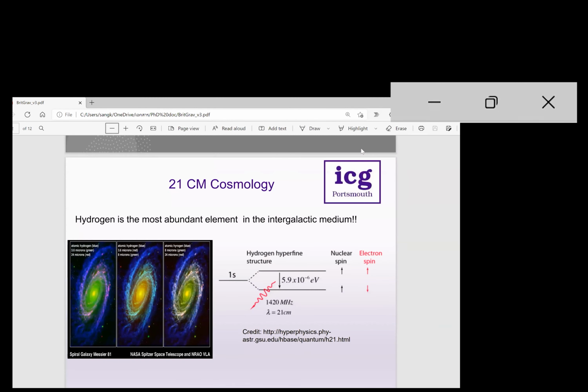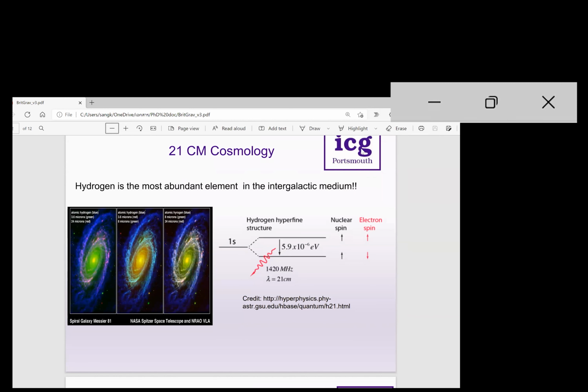First, let me introduce 21 centimeter cosmology, which is electromagnetic radiation from the spectrum of the hydrogen hyperfine structure. Hydrogen is the most abundant element in the intergalactic medium. When we talk about neutral hydrogen, we can separate its sources into two main sources.